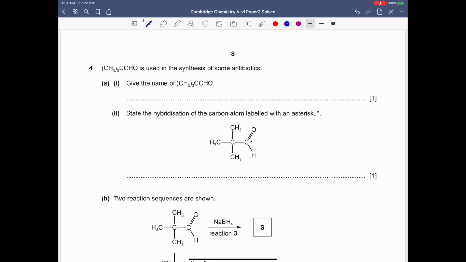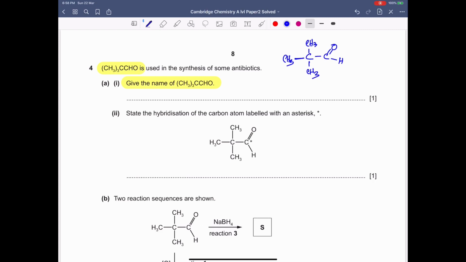Next question, question number 4. (CH3)3CCHO is used in the synthesis of some antibiotics. Give the name of (CH3)3CCHO. To name a compound like this, we must first consider which carbons are in the straight chain. We can see that 3 carbons are in the straight chain, and 2 are in the side chain.